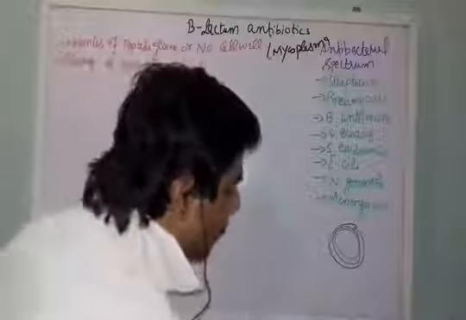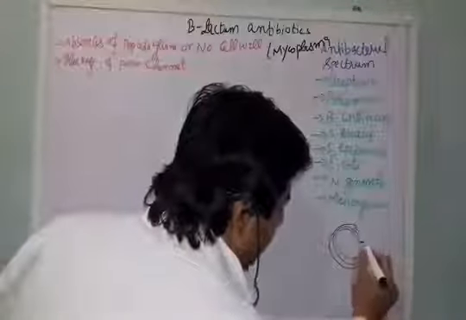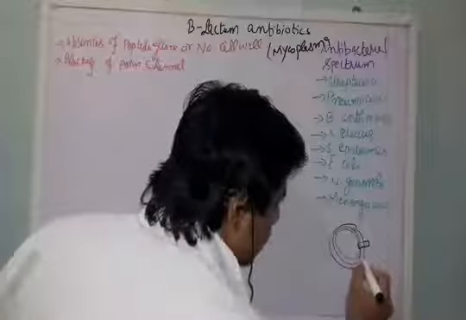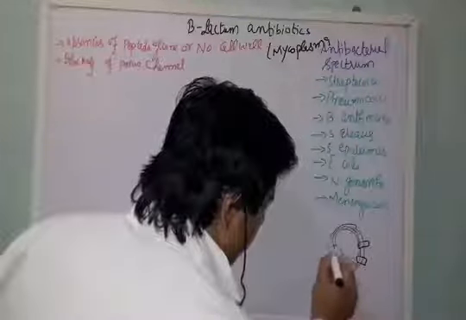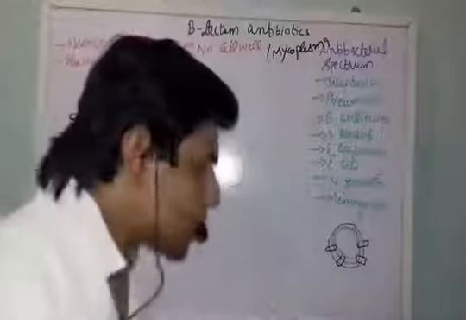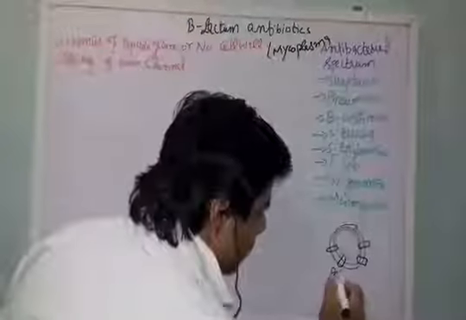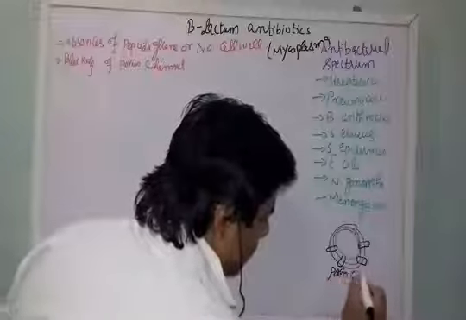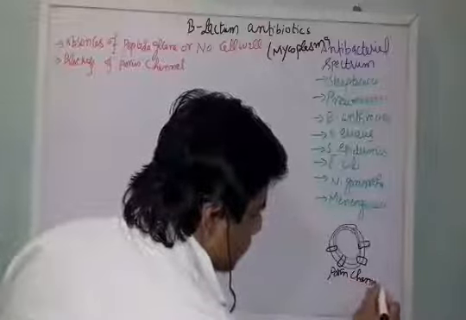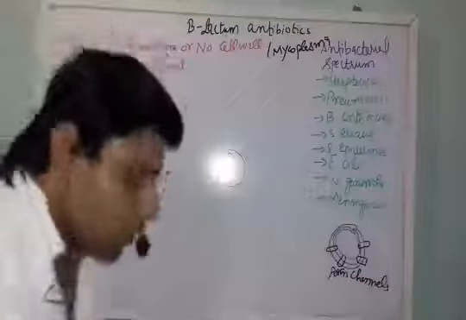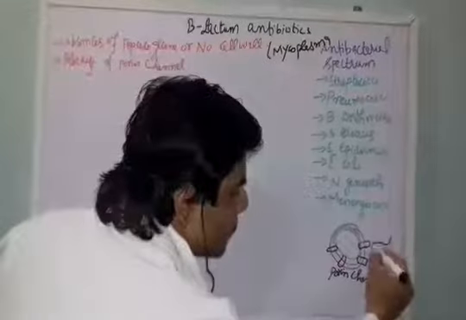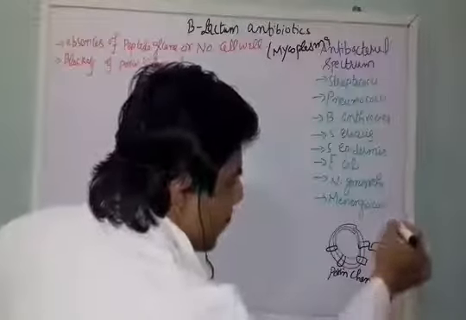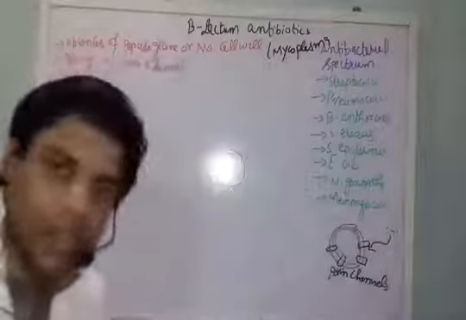And after that there are some channels or holes; we call them porin channels. What is the function of these porin channels? Due to these porin channels, the drugs will easily enter. So these are, let's suppose, the drugs, and the drugs will easily enter.